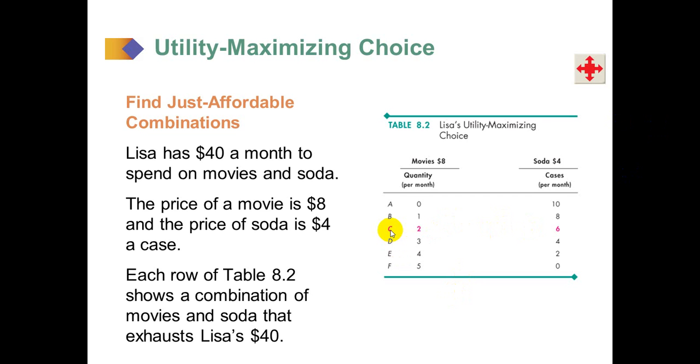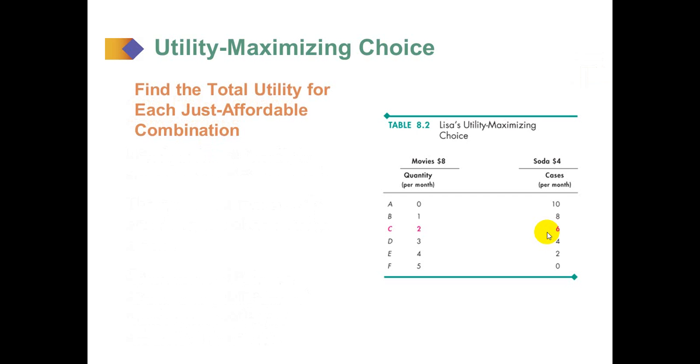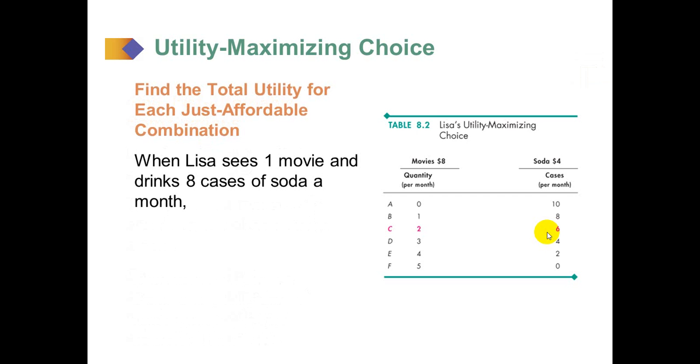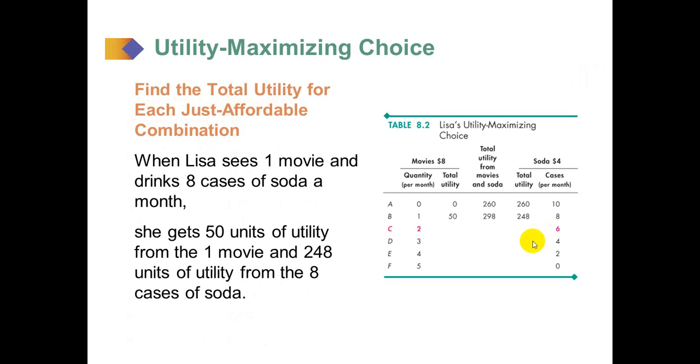Point C, for example, the choice C, in which Lisa consumes 2 units of movies and 6 units of soda. So the key assumption is that the household chooses the consumption possibility that maximizes total utility.